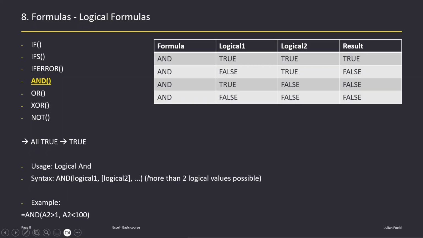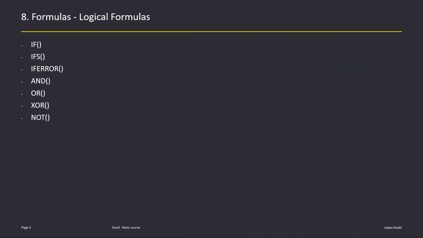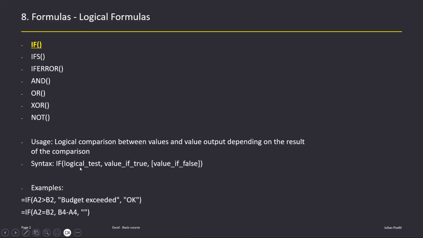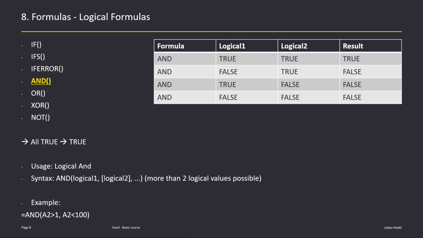You need to know that in the IF function, or the IFS function, in this logical test, the underlying value is whether something is true or false. And therefore, you could also use, I've learned this in school, the logical functions, let's call it that way.